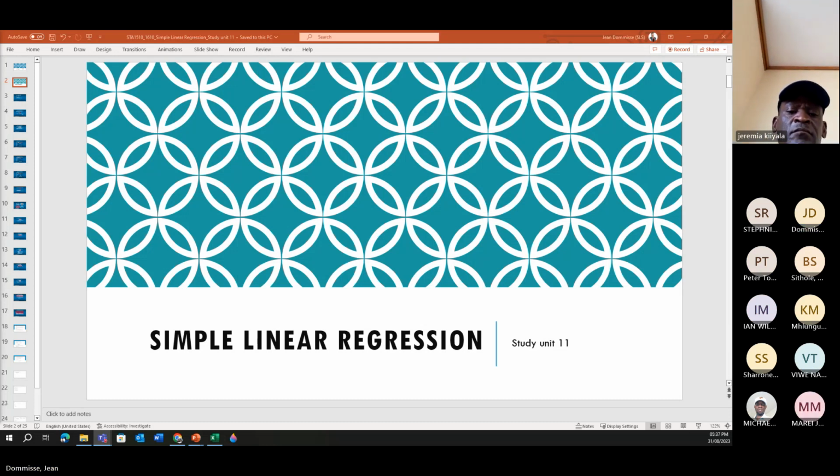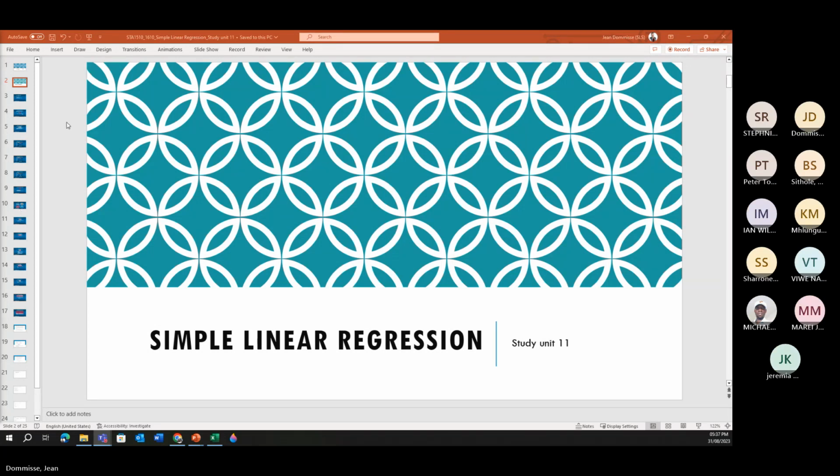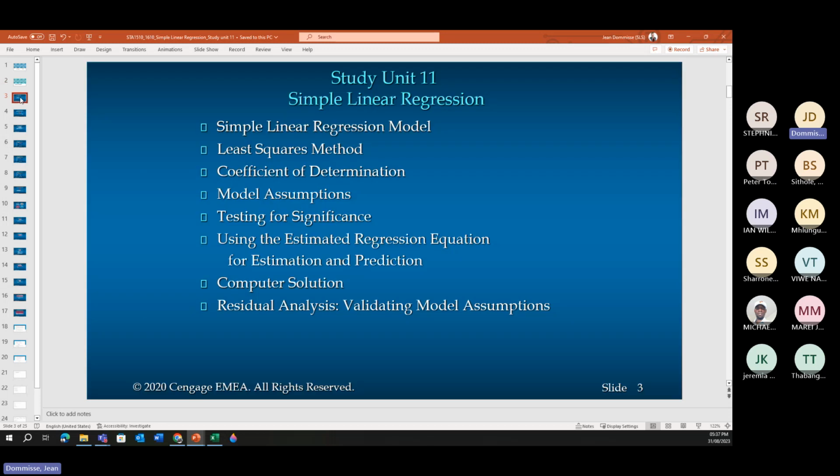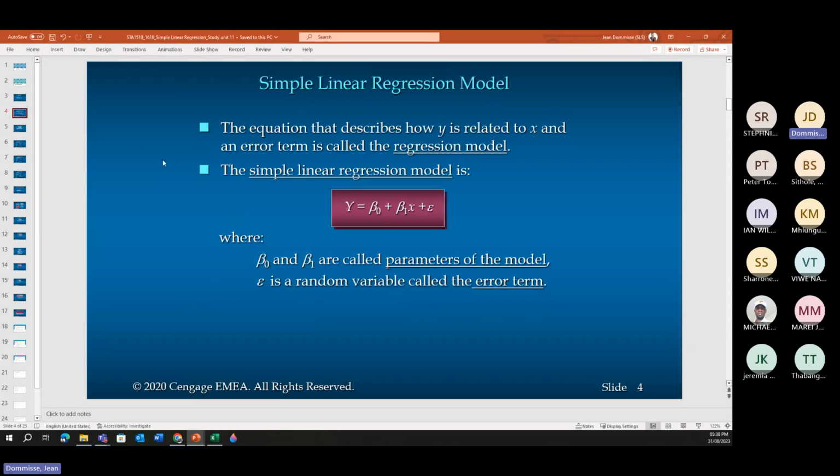Okay, so let's start with a bit of theory, and again, important theory that you guys need to be aware of. If I ask you a theory question, in a set of questions that we're going to work through, I've got two theory questions, so we will look at that. What we're going to look at is just a simple linear regression model.